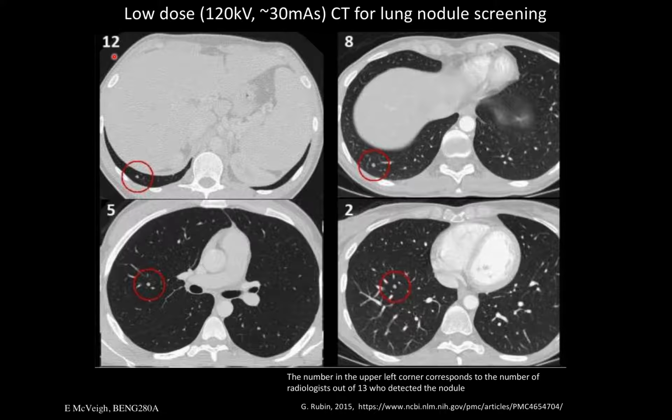So this number is the number of radiologists out of 13 who actually found that lesion. 12 out of 13 found this lesion, so that's no problem. 8 out of 13 found this one, because it looks a lot like that thing, which isn't a lesion. 5 out of 13 found this one. 2 out of the 13 called that positive, and for very good reason. As a human observer, are you going to call that positive? I don't think so. You're going to be wrong a lot if you start calling those positive.